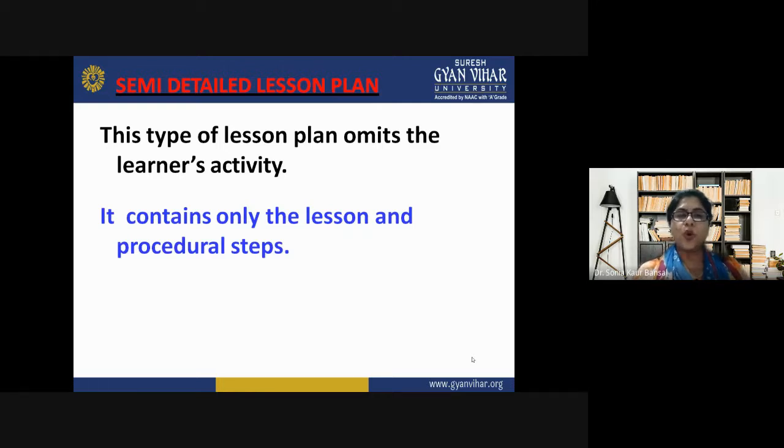A semi-detailed lesson plan omits the learner's activity. We are not involving the learner's activity here, only the teacher's activity, because the learner's activity is just assumed or left to the classroom situation. So it contains only the lesson and procedural steps. This is how a semi-detailed lesson plan is made.